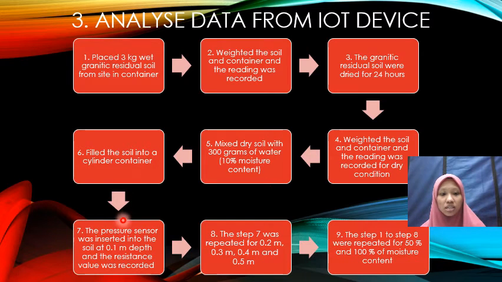The pressure sensor was inserted to a depth of 0.1 meter, and the resistance value was recorded. This step was repeated for 0.2 meter until 0.5 meter. All the steps from 1 until 8 were repeated for 50% moisture content and 100% moisture content.